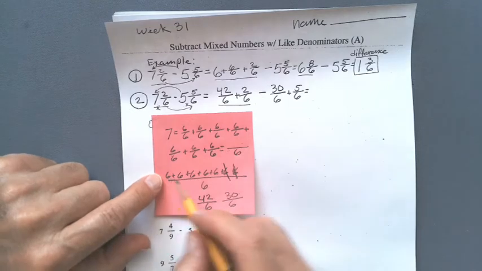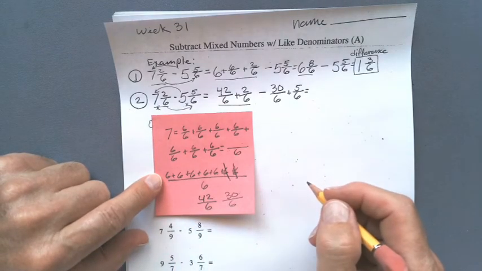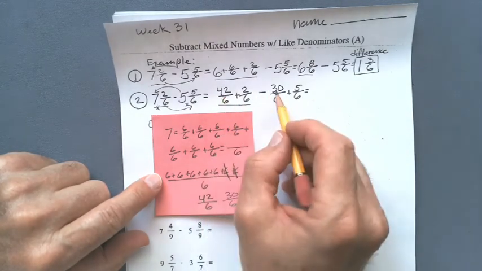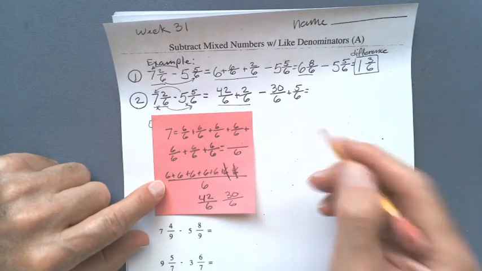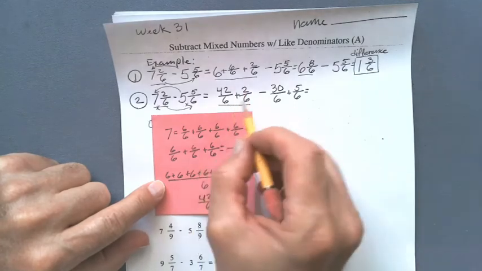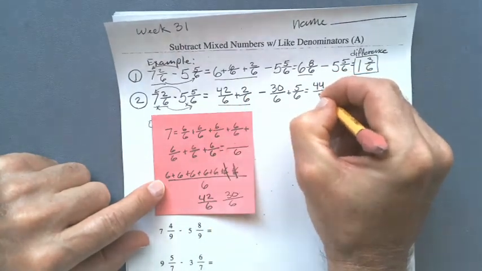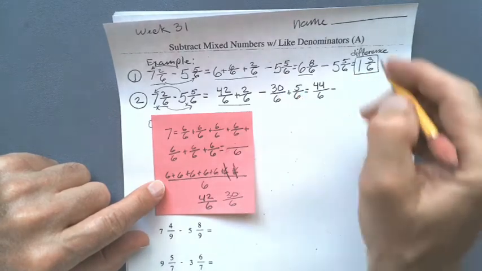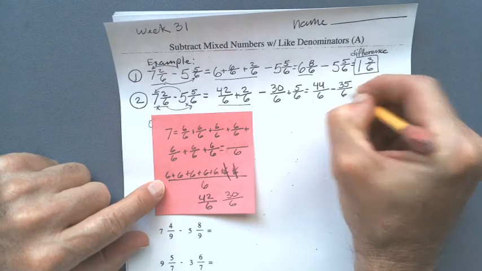So now I can use my skip counting instead of my multiplication knowledge to quickly come up with what these are going to be as far as our numerators instead of adding them. Now, I'm going to add these together. So 42 plus 2 is 44/6 minus, and I have 30 plus 5. That's going to be 35/6.